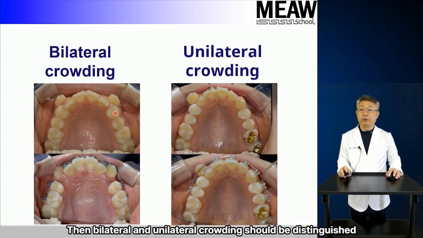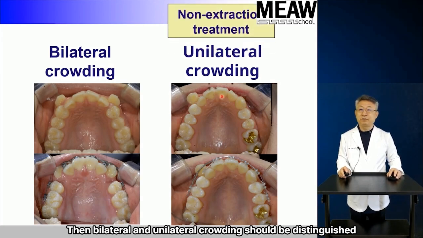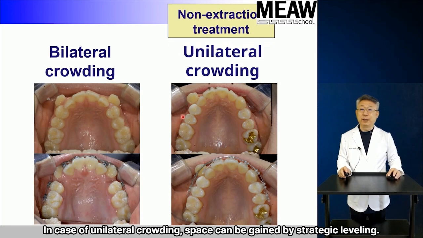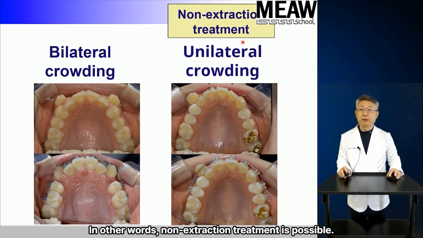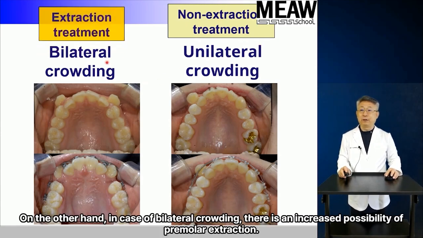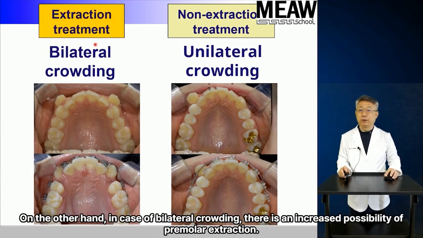Then bilateral and unilateral crowding should be distinguished. In case of unilateral crowding, space can be gained by strategic leveling. In other words, non-extraction treatment is possible. On the other hand, in case of bilateral crowding, there is an increased possibility of premolar extraction.